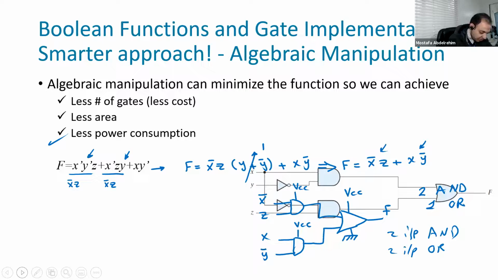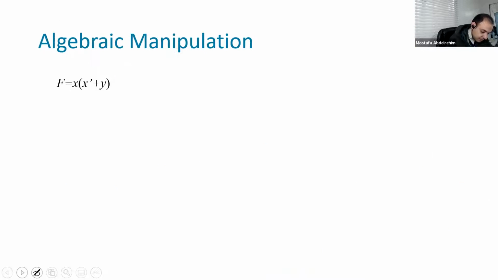Let's have more examples. Yeah. So let's try to do that. Here, I will not do the truth table anymore. I will just concentrate on the minimization and the implementation before and after the minimization. Okay. Let's implement this without any minimization. Just take it for granted that it's good.